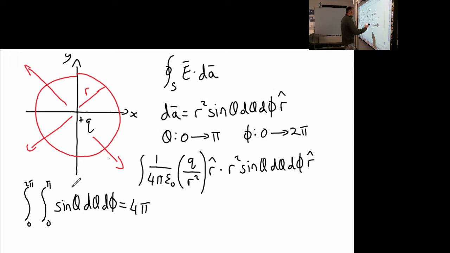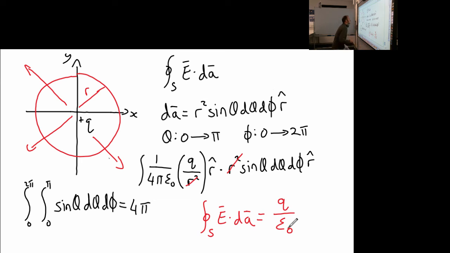We also see that r squared will cancel, and what we're left with, which is quite beautiful, is the integral of E dot dA is equal to Q over epsilon naught.